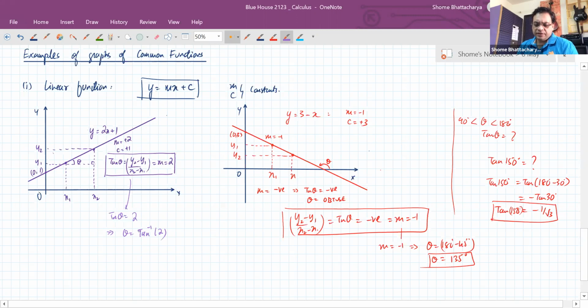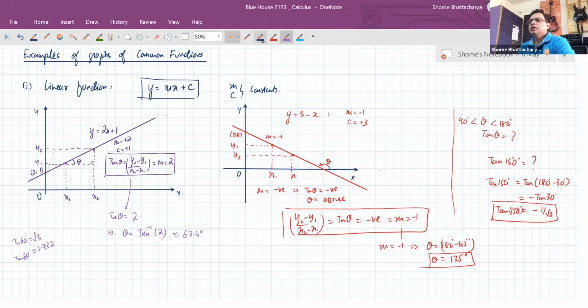Using a scientific calculator to calculate tan inverse of 2, it's approximately 63.4 degrees. Obviously, because we know that tan 60 is root 3, which is approximately 1.732, it will be slightly greater than 60. So it is about 63.4. Anyhow, the value is not so important right now.